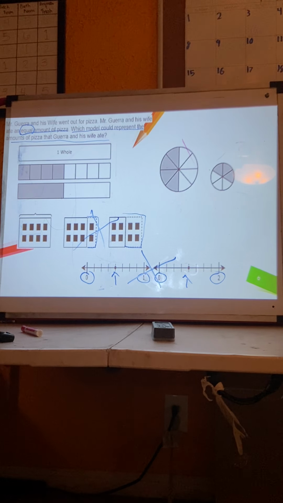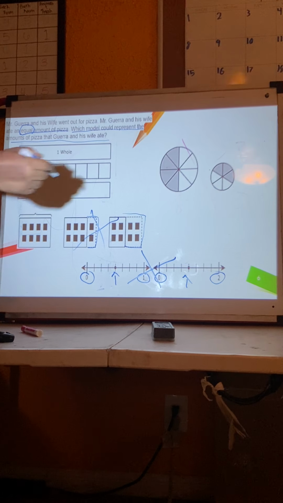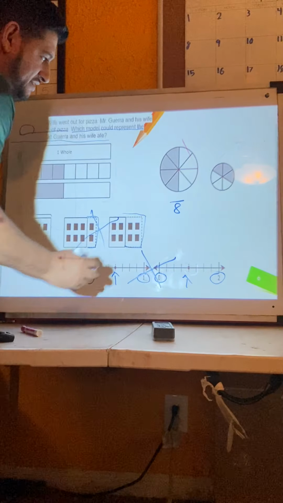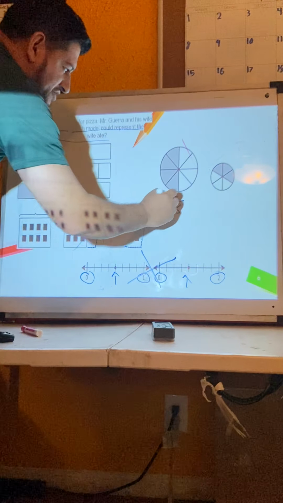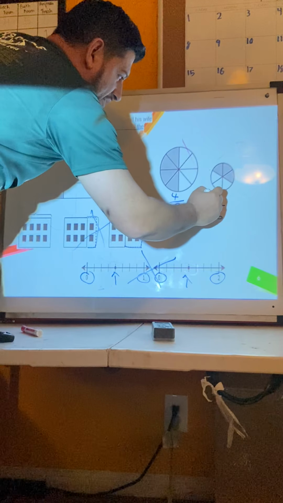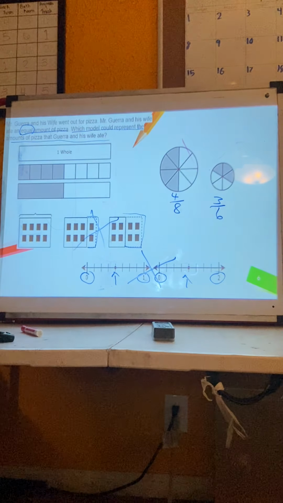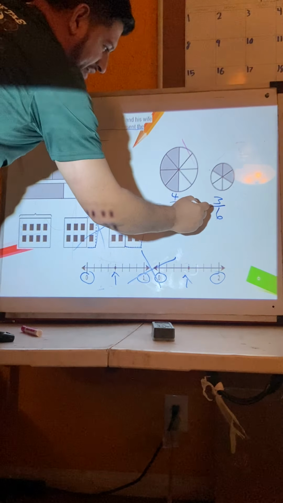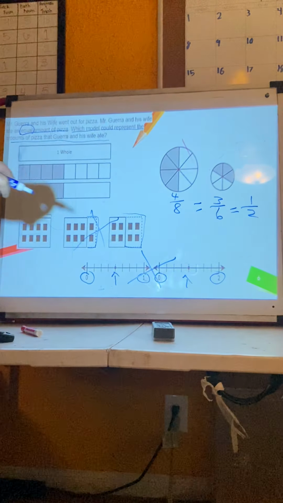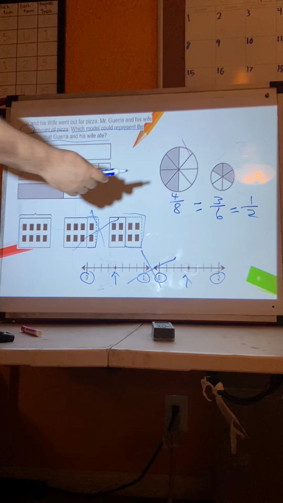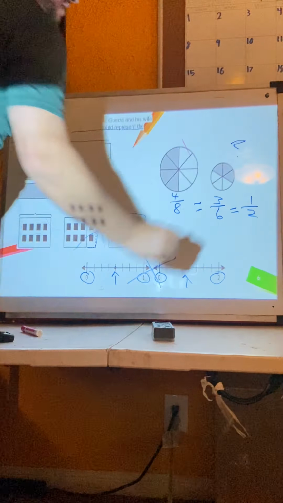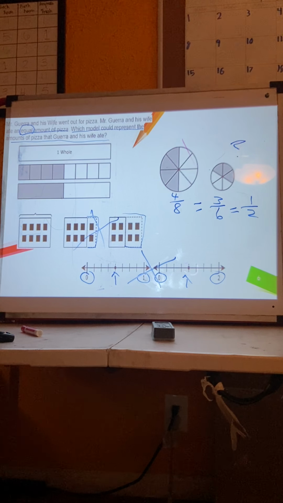Well, here's where it gets a little bit tricky because right here I have 8 equal slices and I have 4 slices that are shaded. Here I have 6 equal slices and I have 3 slices that are shaded. All of these right here equal 1/2. So should that be equivalent? Well, maybe because they're all 1/2, right?